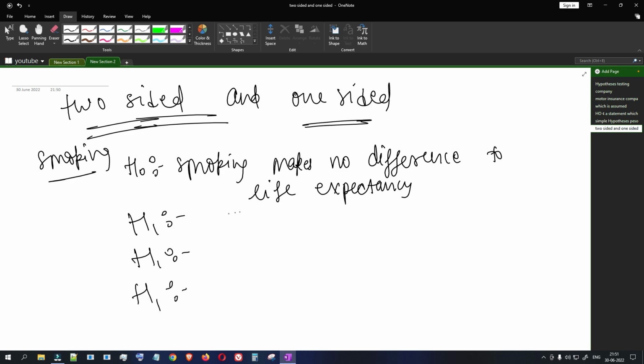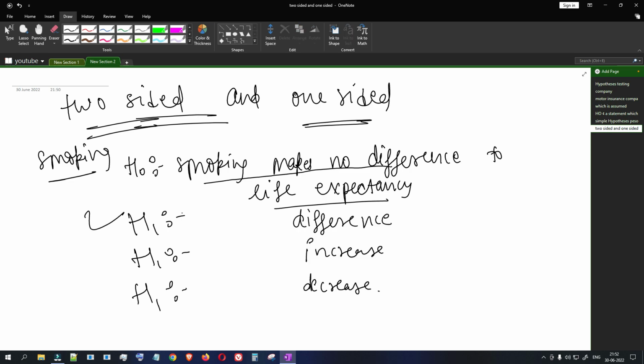For example, what is H naught? Smoking makes no difference to life expectancy. H1 is saying that smoking makes a difference to life expectancy. Smoking increases life expectancy, and another part, smoking decreases life expectancy. Now, this is common sense, that this alternate hypothesis is really not possible.